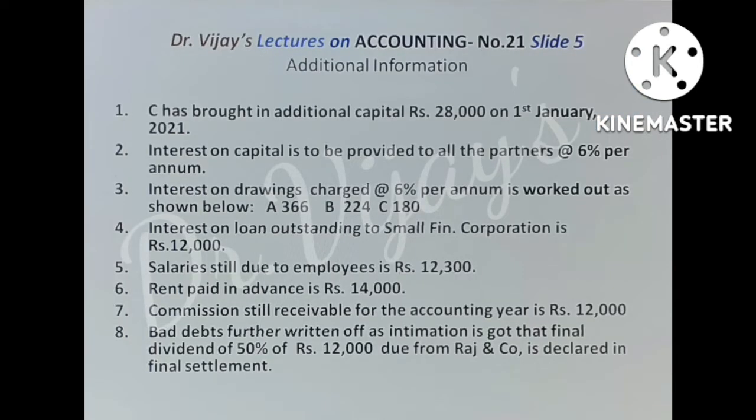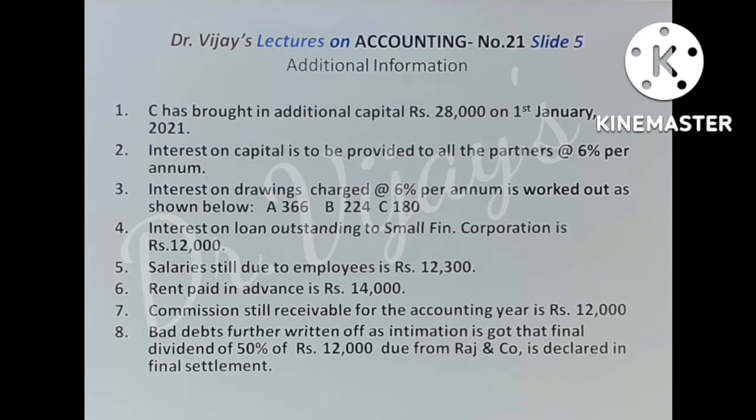Slides 5 and 6 show additional information necessary for doing adjustments in final account and balance sheet. Item number 1 in slide 5: C has brought in additional capital of 20,000 rupees on 1st January 2021. The capital account balance of C shown in trial balance as on 30th June includes this 20,000 also.